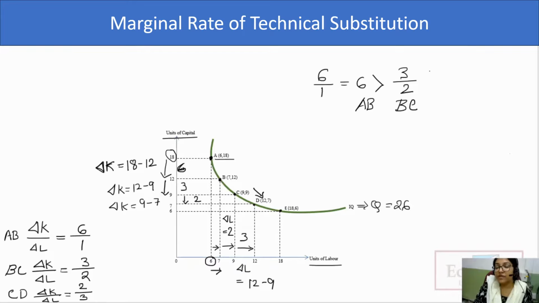And if we increase the labor further, that means we are moving from C to D, what will happen? This ratio is 2 by 3. It is even less than 1, although when we moved from B to C, the value of the ratio was greater than 1.